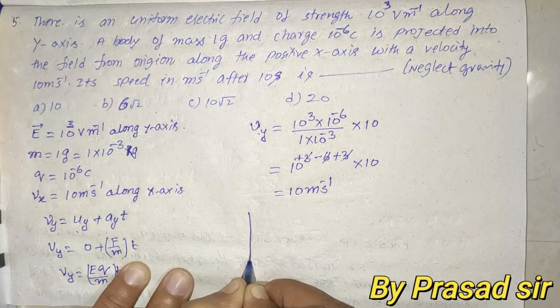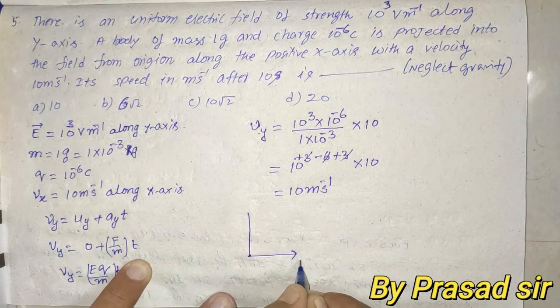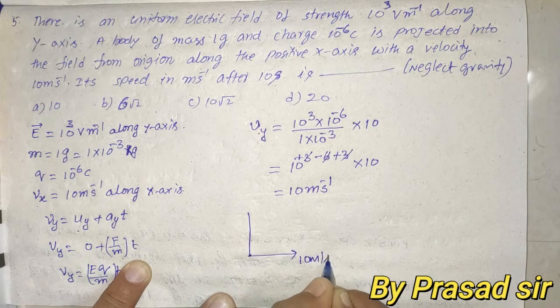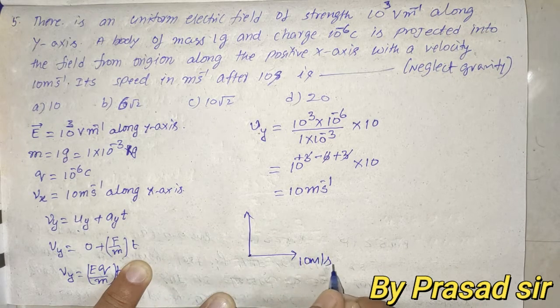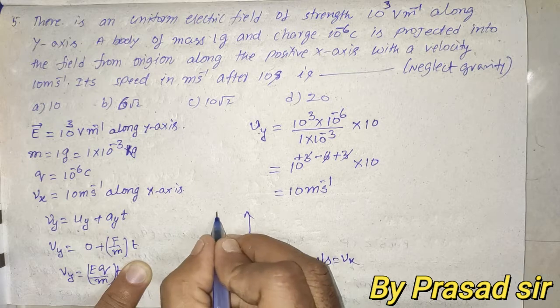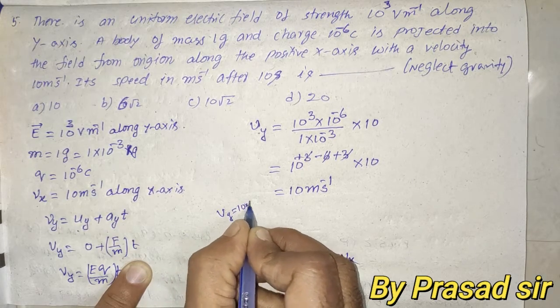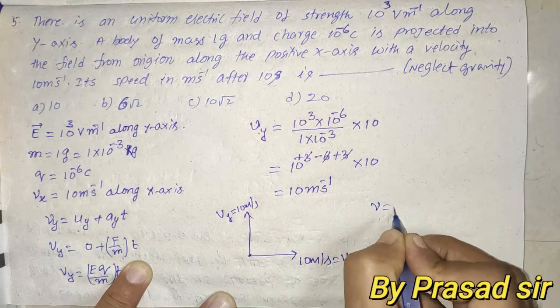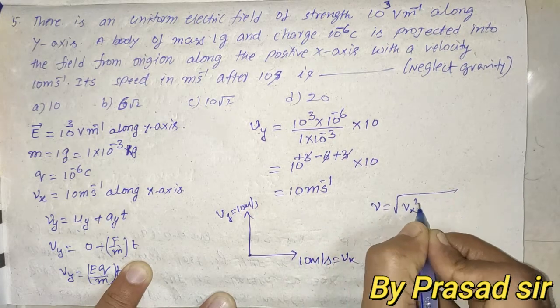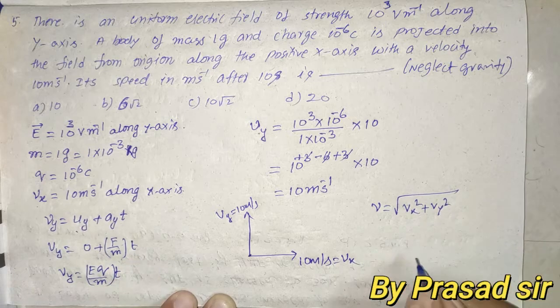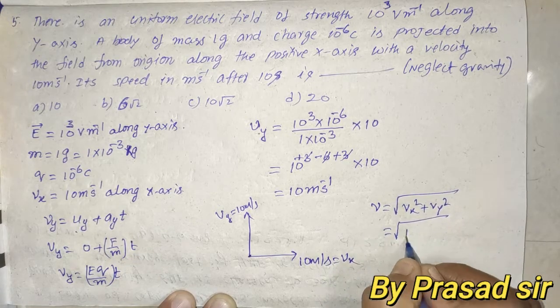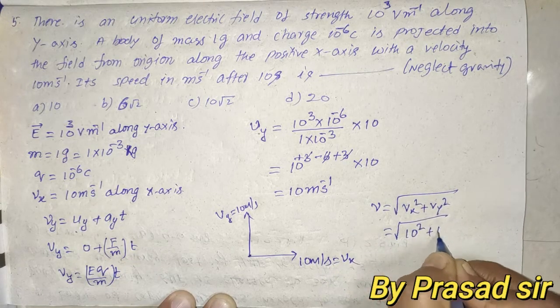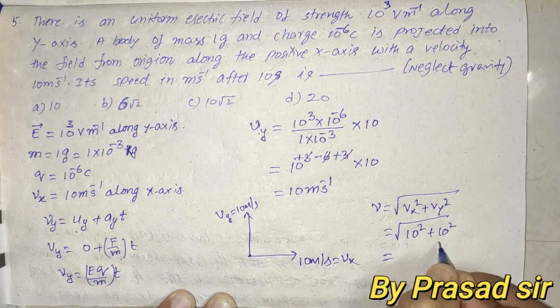So remember, along the x-axis 10 meters per second, that is Vx, and here Vy we got 10 meters per second. But the velocity which is required, V, is equal to the square root of Vx square plus Vy square. So square root of 10 square plus 10 square.